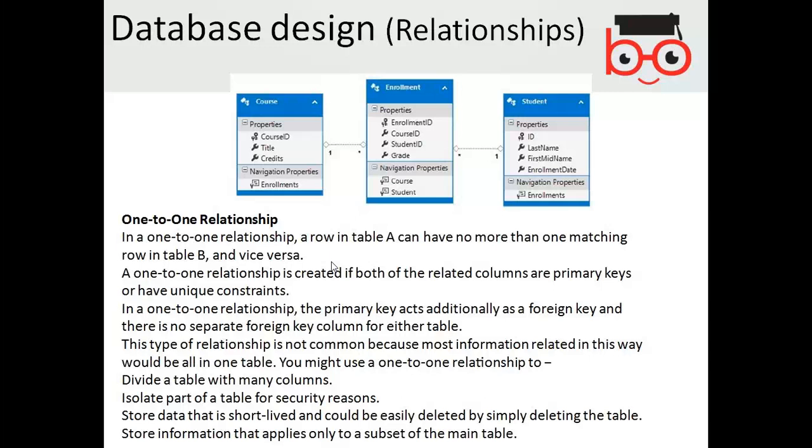For example, if I say that a college has only one course and it is the course for only one student forever, then that requirement would fit a one to one relationship.